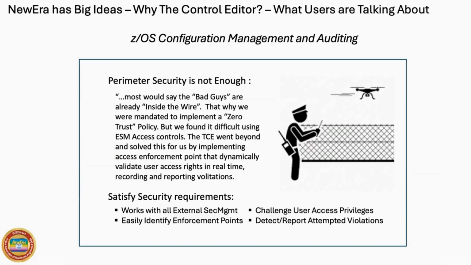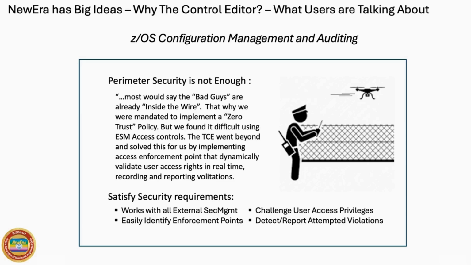And so the core concern here is that the bad guys are already inside the wire. And so many organizations today are faced with the prospect of having to implement a zero trust policy.